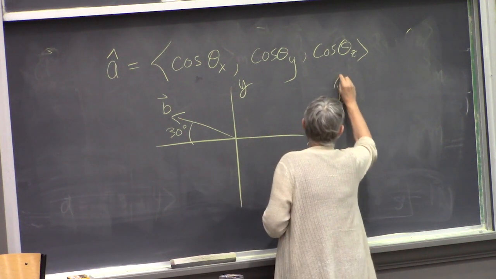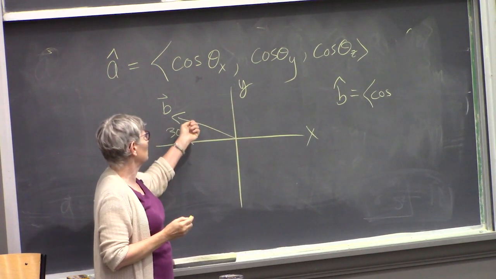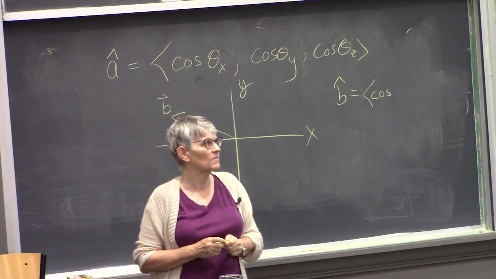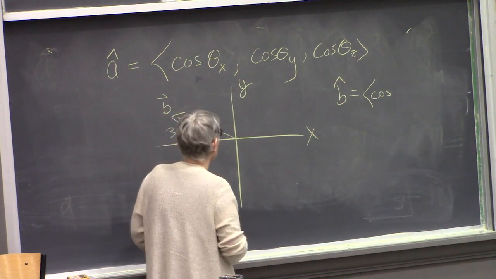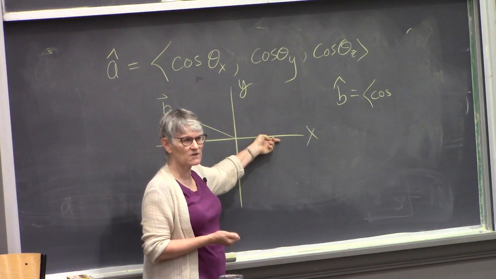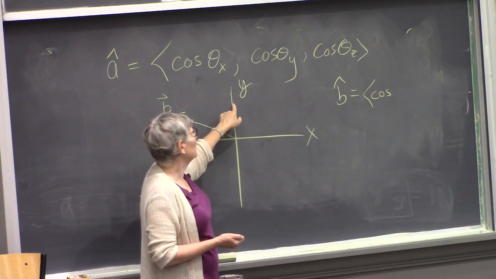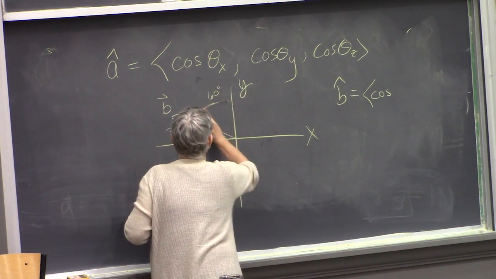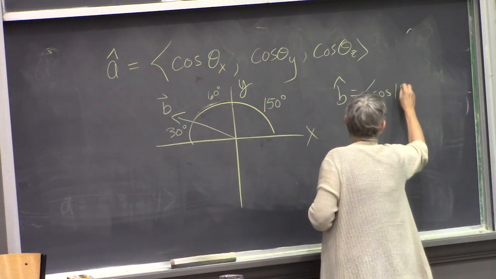So B hat, what's the angle this vector makes with the x-axis? Okay, so first of all, where's the x-axis? There, positive x-axis. So that's 90, and that's 90 minus 30. This must be 60. And so this whole angle is indeed 150 degrees.